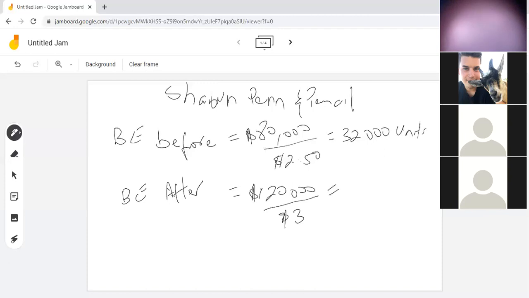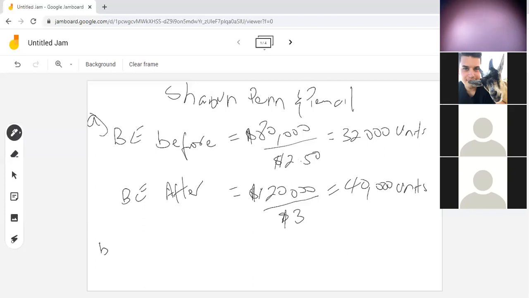So that gives us 40,000 units. So that's for the fixed cost in the first section of this. So now that's A, currency and fixed cost. So that gives us the answer for A.